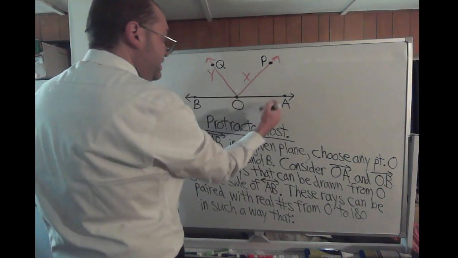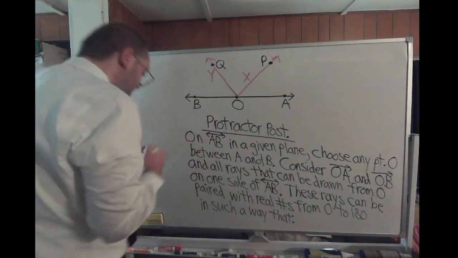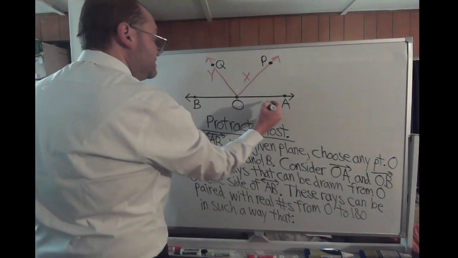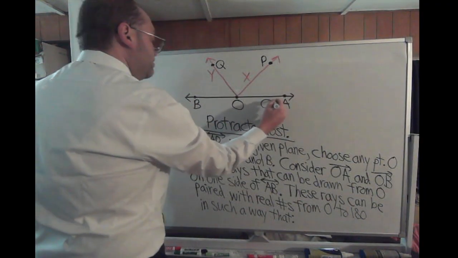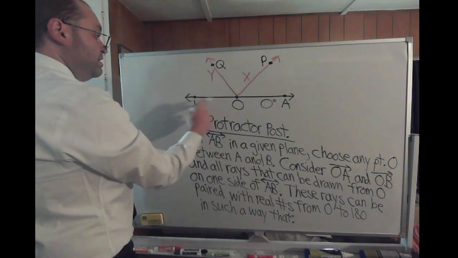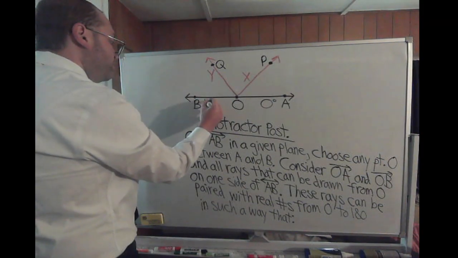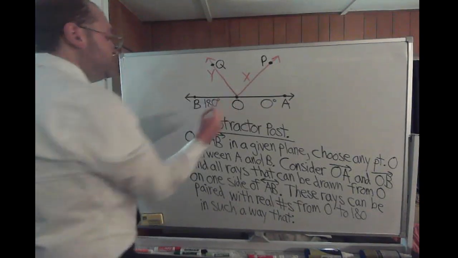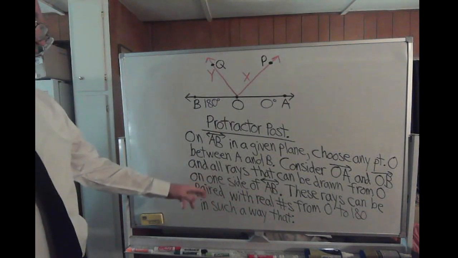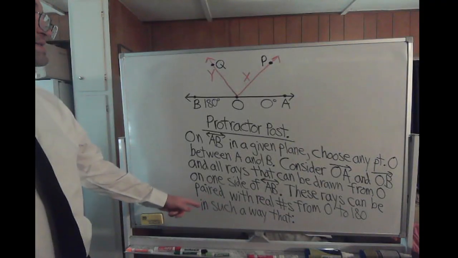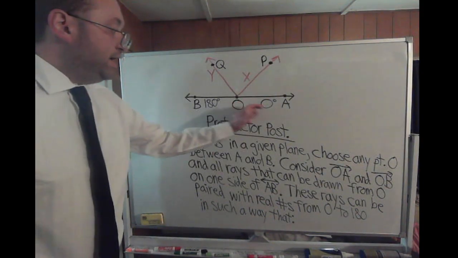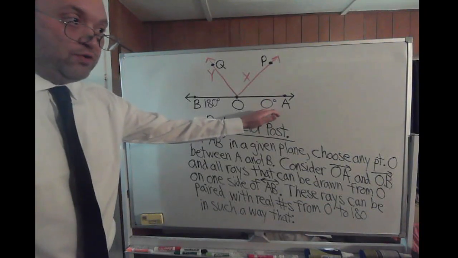Well, let's see, ray OA, that's definitely going to equal a 0-degree angle, right? Ray OA forms a 0-degree angle. If you go back to ray OB, so angle BOA, this would form a 180-degree angle. So for the final part, these rays can be paired with real numbers from 0 to 180 in such a way that ray OA, that's just a 0-degree angle.